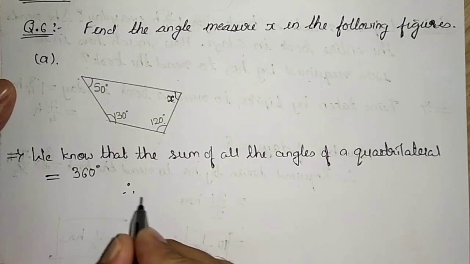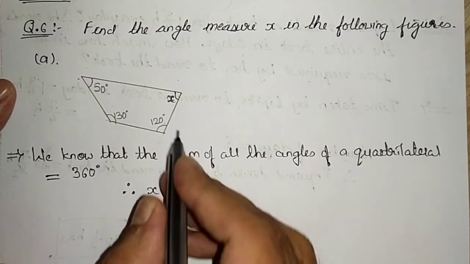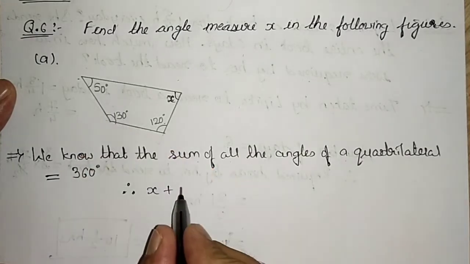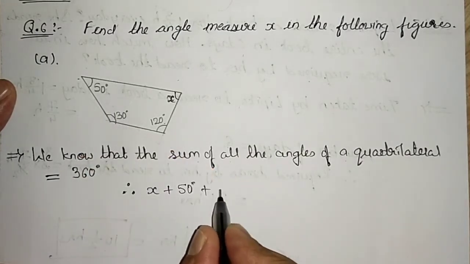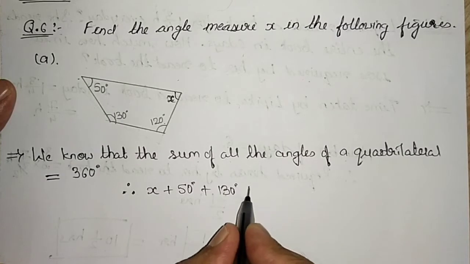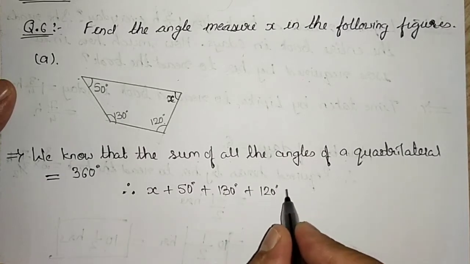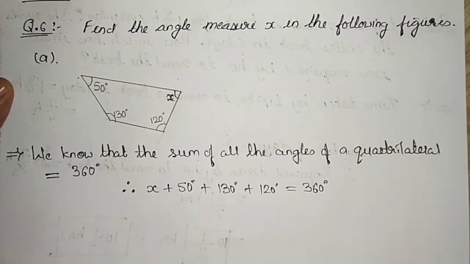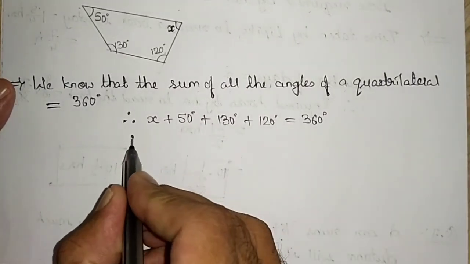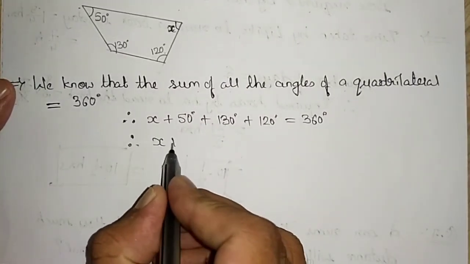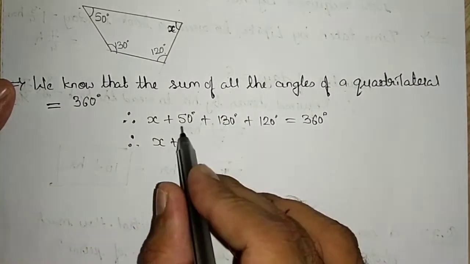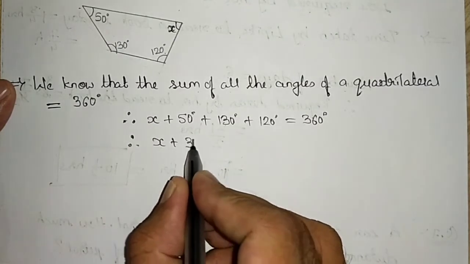Therefore, can I write that the measure of angle x plus 50 degrees plus 130 degrees plus 120 degrees is equal to 360 degrees, because it says so. Now we will add this: x plus 130 plus 120 is 250, 250 plus 50 is 300.